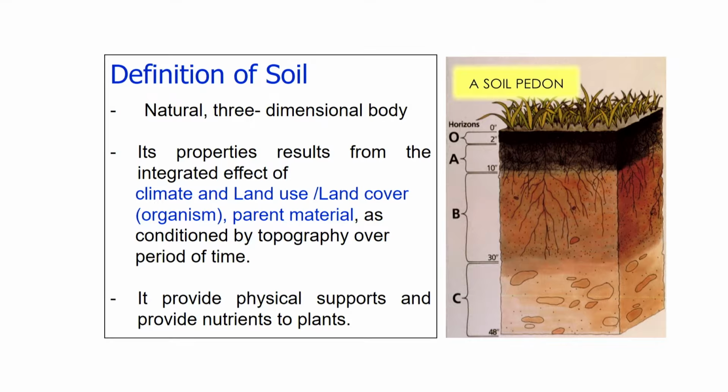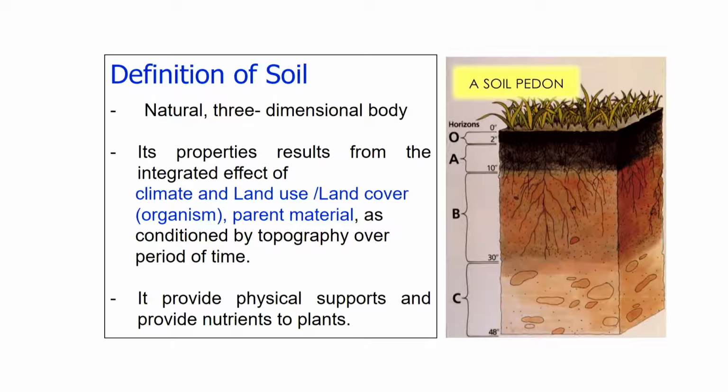But in soil mapping, we consider soil as a natural, three-dimensional body. You are seeing in the picture that we are taking the vertical section, where you get various horizons.